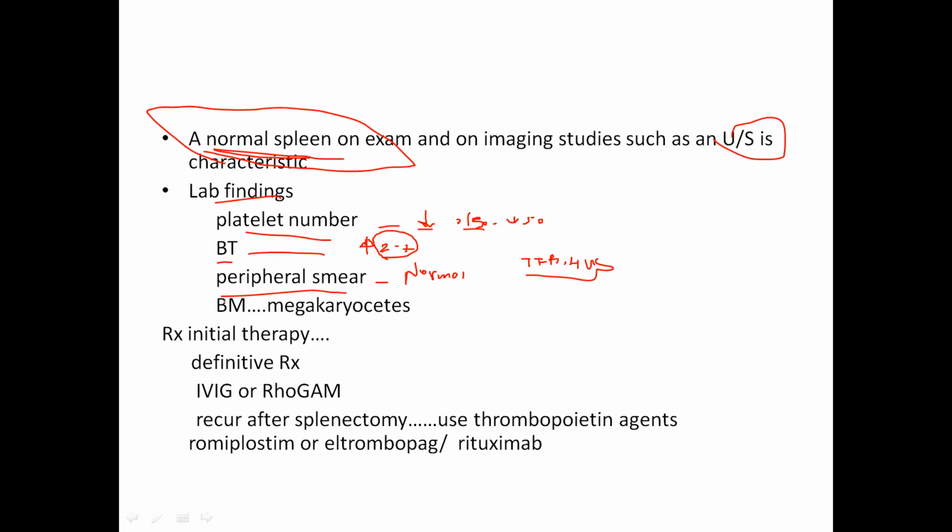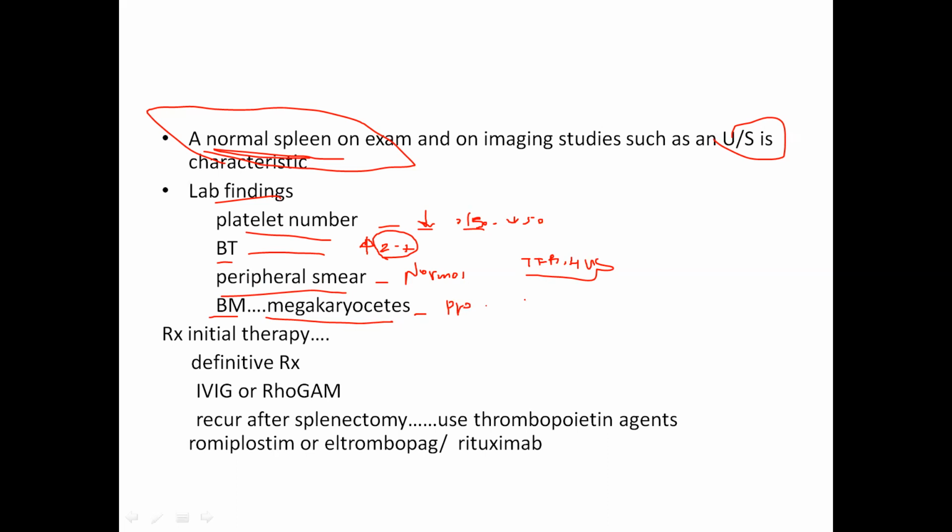The other is bone marrow, the number of megakaryocytes. It will be normal or increased because the problem is not the production. There is no problem with the production. The problem is with the destruction of platelets.